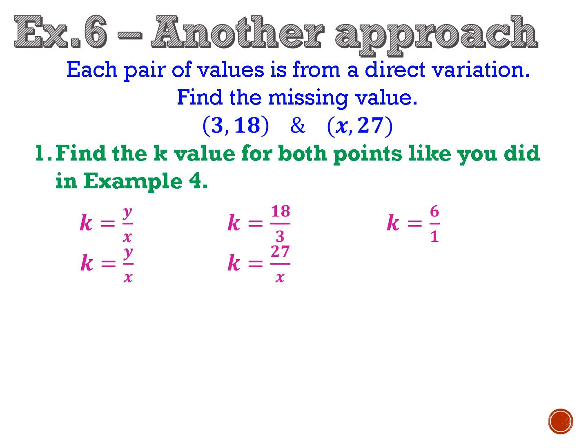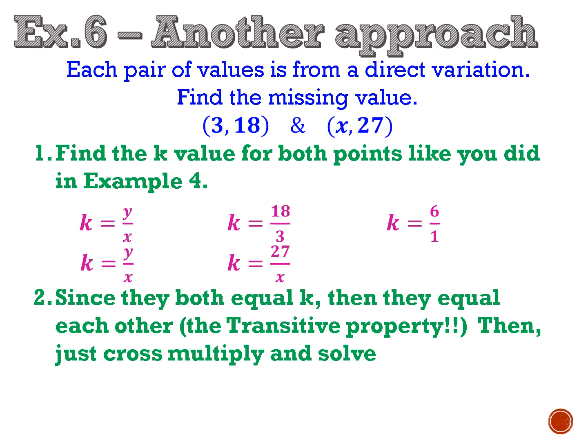Now, if they're from the same direct variation equation, the k value should be the same. They're supposed to be the same, or else they're not from the same variation. So, using the fact that they both equal k, I can set them equal.